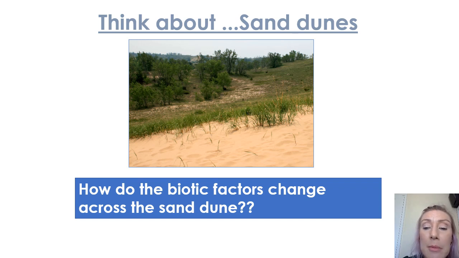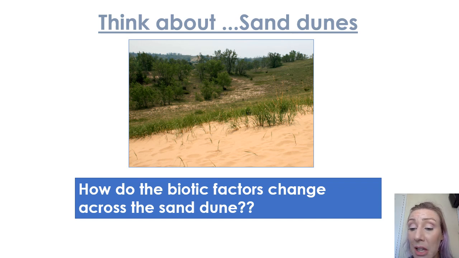If you have a little look at the picture, we're going to look at both types. But if you think about the biotic factors across the sand dune, walking inland from the sand, what's happening to the number of different types of plant species that you can see? There are way more different plants and species as you walk inland.